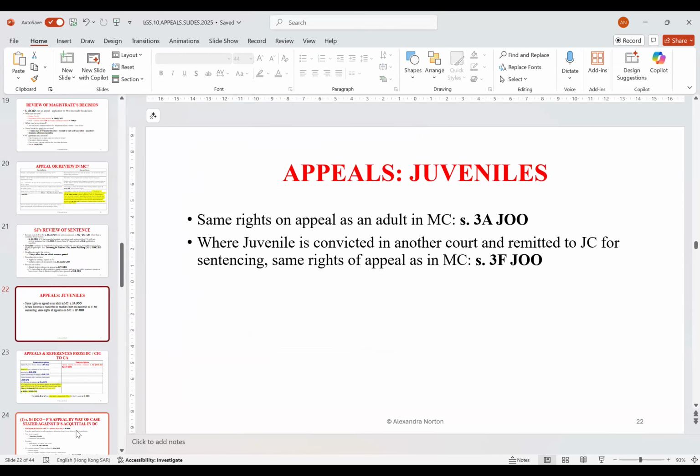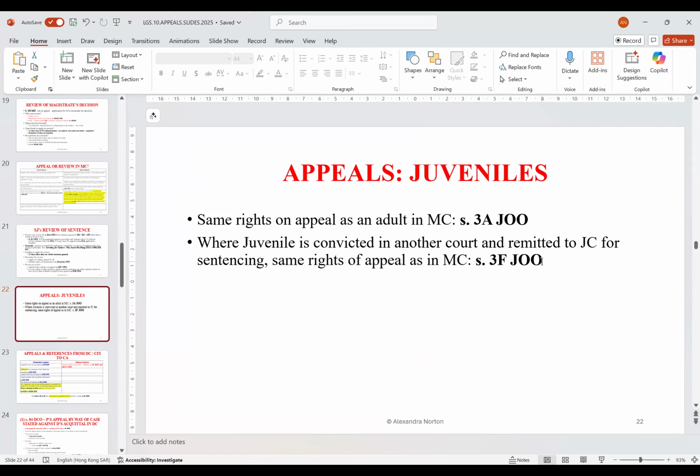And then if we are appealing against conviction or sentence for a juvenile, then of course, if it is within the juvenile courts, then they have the same rights of appeal as any adult would do under the magistracy provisions. If they've been convicted in another court and then remitted to the juvenile court for sentencing, then that's the same provision as well.